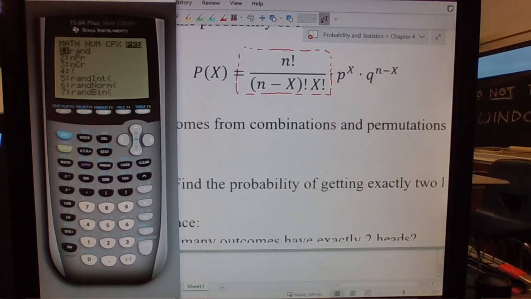There is a factorial. So I have 10 factorial, which would be, like I said, 10 times 9, times 8, times 7, times 6, times 5, times 4, times 3, times 2, times 1. And we're going to divide that by n minus x. Well, if I want to do 2, n is 10, x is 2, so this would be 8 factorial, right?